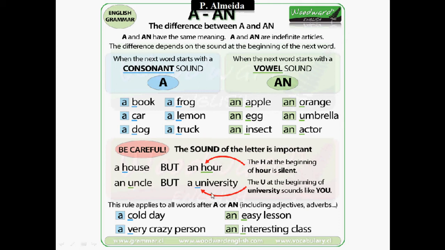And this applies just as well if you have adjectives, adverbs, all of these things, okay? So a cold day, a very crazy person, an easy lesson, an interesting class. So again, all that you need to pay attention to is the sound. Although many times the first letter of the word is going to help you out, look at the sound, okay?